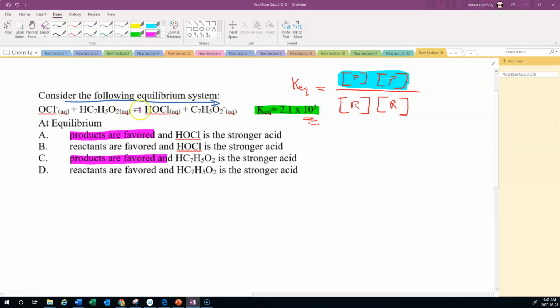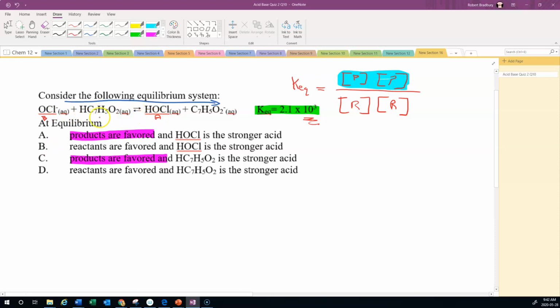So now, what do we know? Well, the stronger acid is going to shift the equilibrium to the other side. So looking now at these, which is the acid? If I look at the first one, okay, no H's, so that's got to be a base, and this must be an acid.